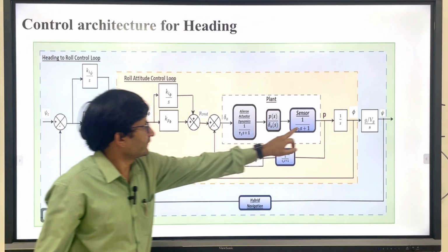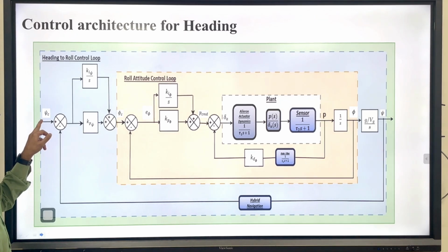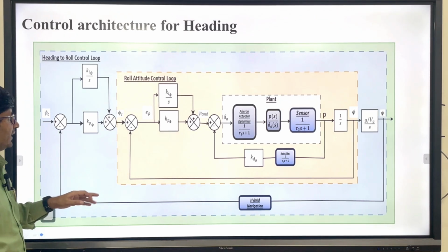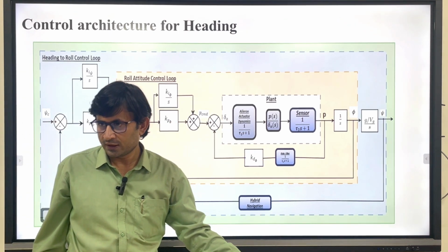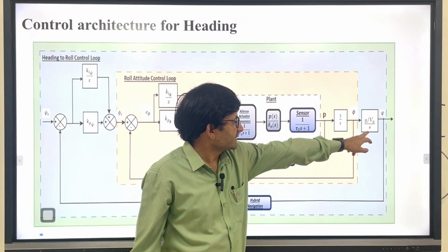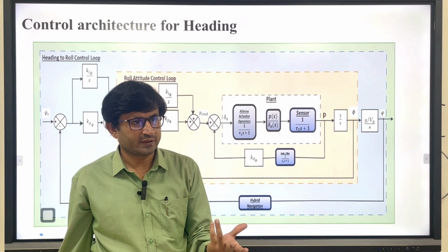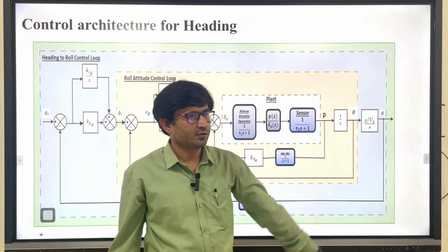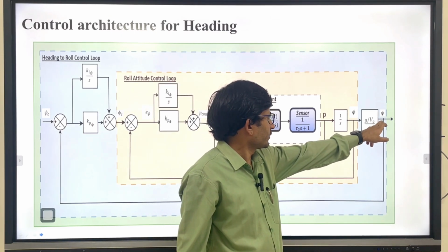You take a feedback of this, and if you want to command something, let's say 45 degrees, 55 degrees, you again put a PI controller and you can have the desired psi. And since psi dot equals g by Vg times tan phi, physics-wise you can write the turn equation here and see how we are getting the psi.